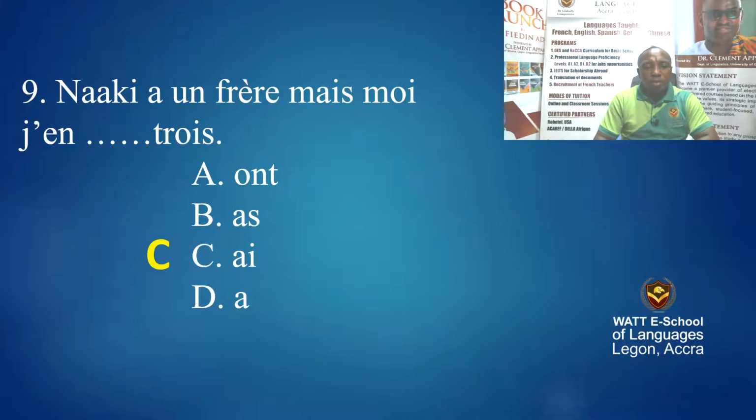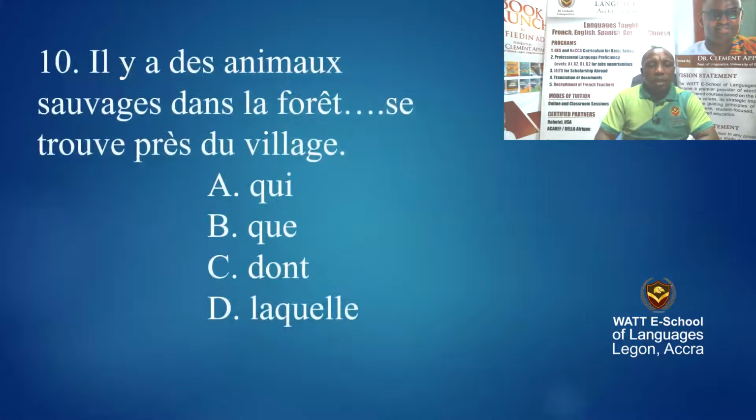Number 10, that's the end of the first part. Il y a des animaux sauvages dans la forêt qui se trouve près du village. Here we have pronouns. The pronoun here is supposed to replace forêt. There are wild animals in the forest that is located close to the village.